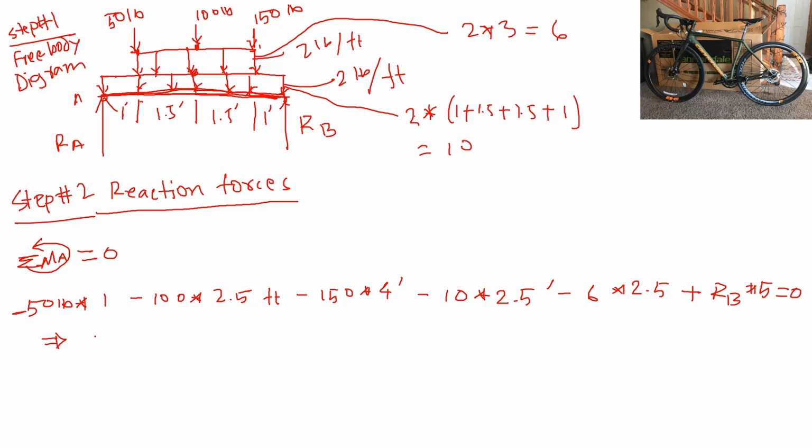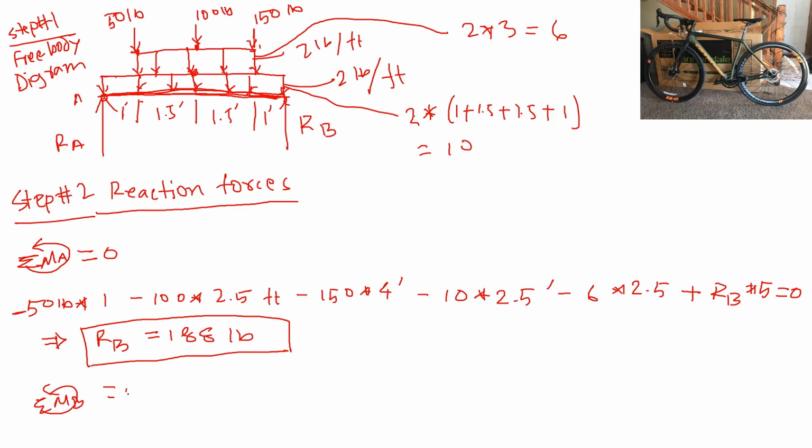Then if we solve for RB, I have got 188 pounds. We can apply the moment at B and then solve for RA. I have found that 128 pounds. So that's step number 2, find the reaction forces.